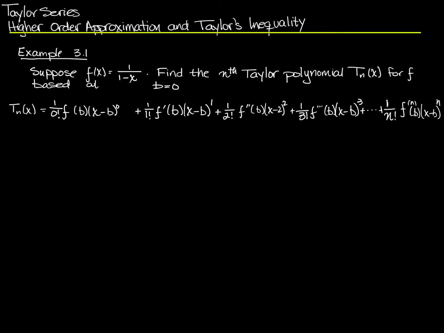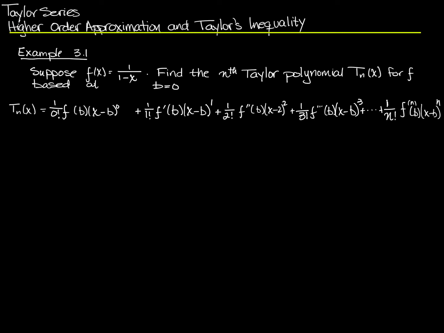Now, to find the third or fourth or fifth Taylor polynomial, we literally just found our third or fourth derivatives, plugged our b value in, and then stuck those in the positions of the coefficients. We can do that with this as well, but only to a point. We don't know what n is, so we don't know whether we're going to stop at 4 or 5 or 7 or 17. So we need to find kind of a formula for this.